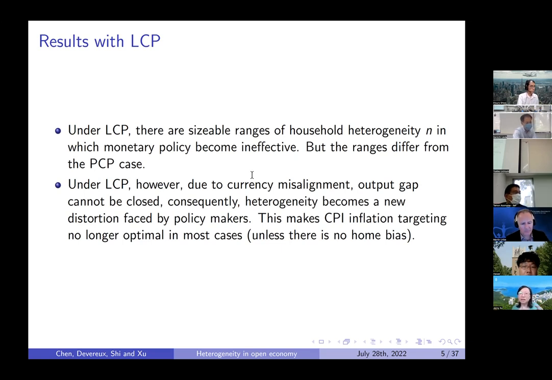In the PCP case, by closing the output gap, the heterogeneity is going to disappear. But in the LCP case, it's no longer like that. Heterogeneity becomes a new distortion faced by policymakers. And this makes CPI targeting no longer optimal in most cases, unless we assume there's no home bias and the heterogeneity is symmetric across countries.